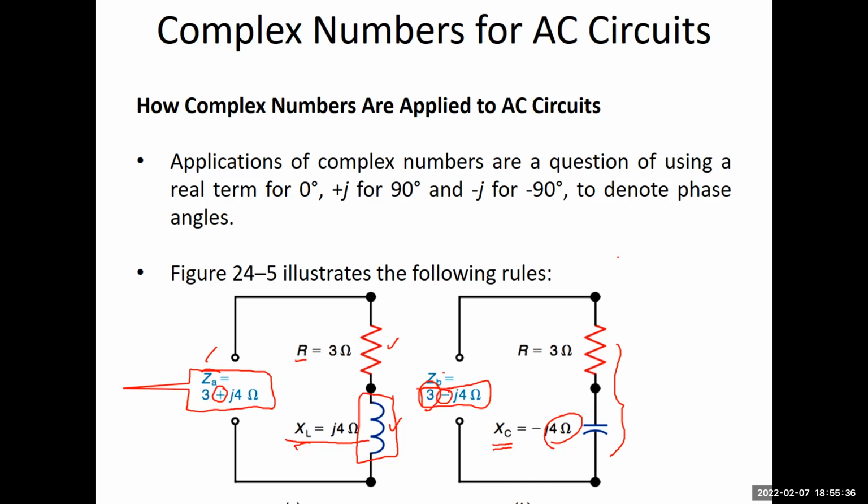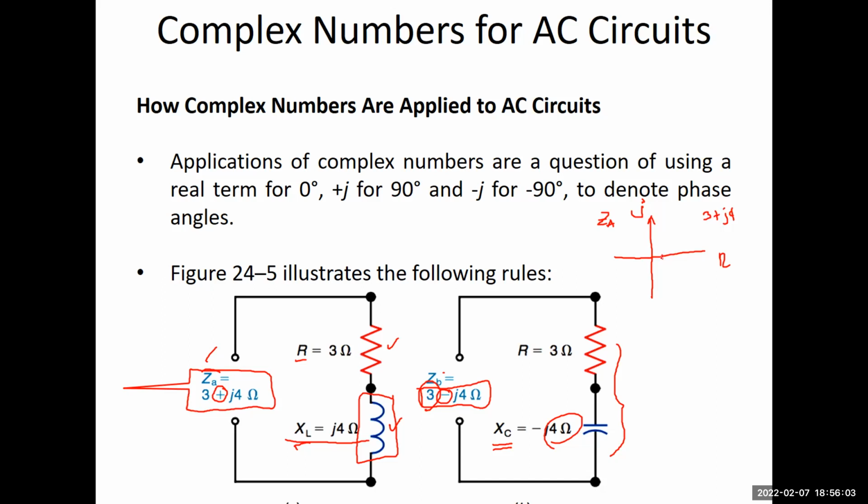And then when you plot this, when you analyze this using graphical analysis, our Z sub A, so this is our J, and this is our R, which is our resistance. So we have 3 plus j4 impedance.